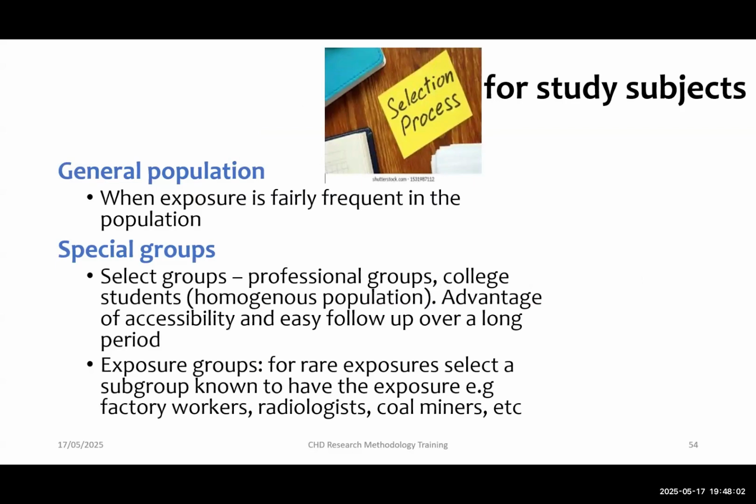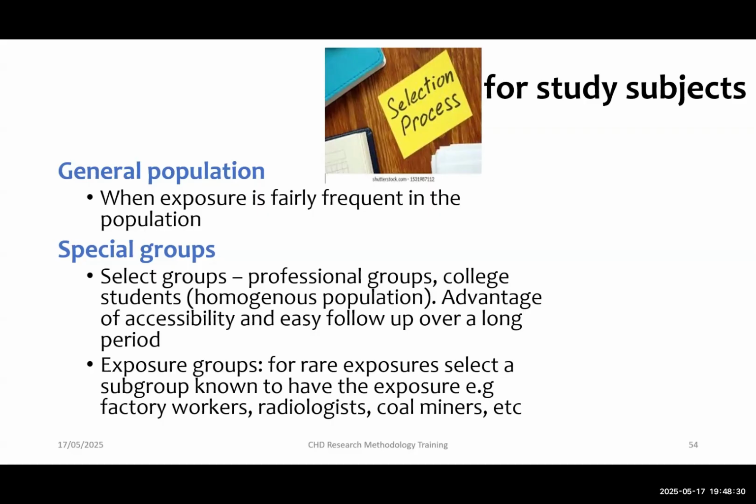So in selecting the subjects for your study, it can be from the general population, which is fairly frequent, when the exposure is fairly frequent in the population. If the exposure is common in that population, maybe something that is airborne, then you select from there. Or you could select your study from a special group, like professional groups.